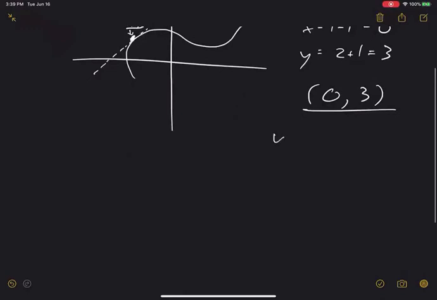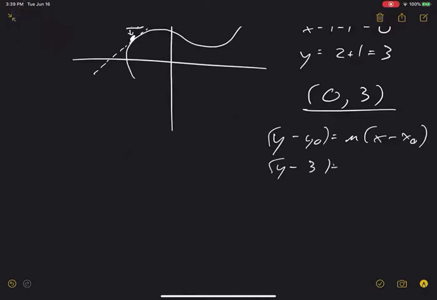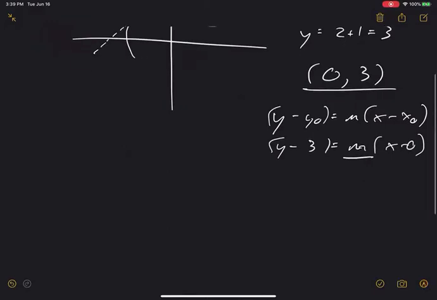So I know my point slope form is going to be y minus 3 equals m times x minus 0. Okay, so all I need to do is find this slope. Just remember that the slope is going to be dy/dx.